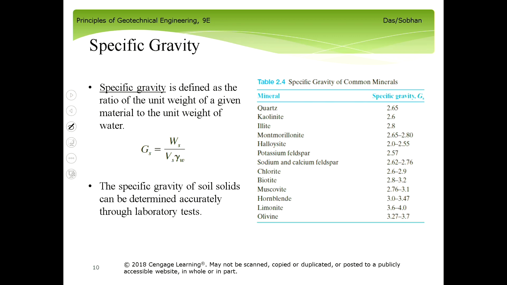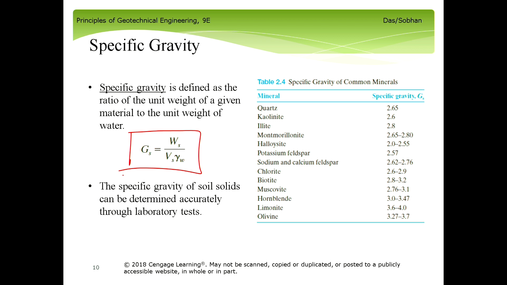So what is specific gravity? Let's see the definition. Specific gravity is defined as the ratio of the unit weight of a given material to the unit weight of water. So for every single material, for example, solid plastic, concrete, and metal, for any material, they have their specific gravity, right?